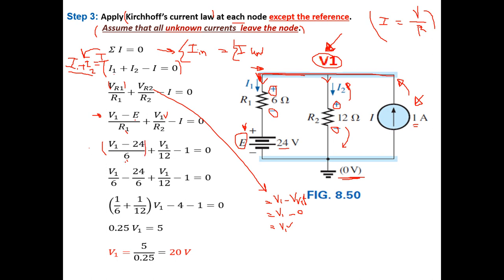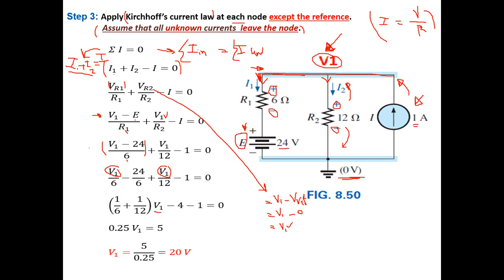These are having the same denominator, so I can split them into two parts: V1 over 6 minus 24 over 6, and this just keep it as it is, V1 over 12 minus 1. Now take a common factor, which is V1 here.